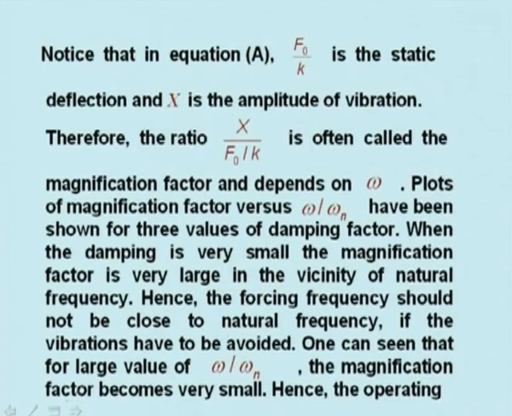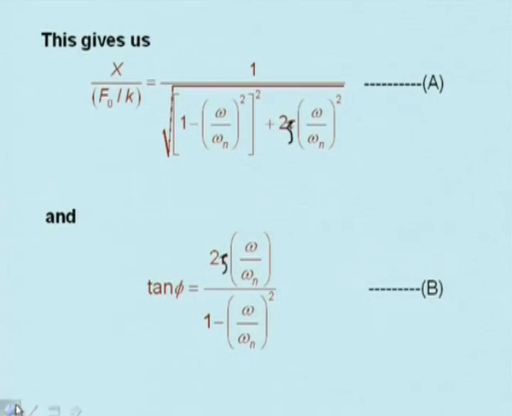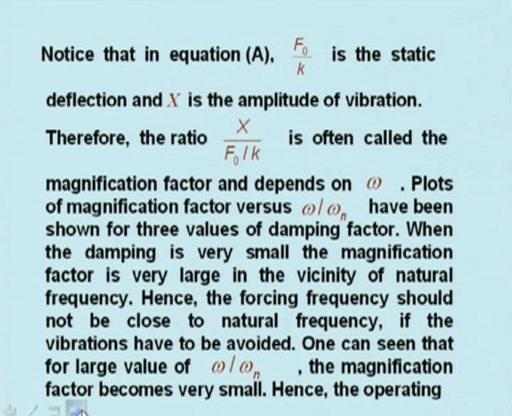now notice that in this equation, F0 by k is the static deflection and x is the amplitude of vibration. The amplitude of vibration depends naturally on the frequency ratio, that means omega by omega n, where omega n is the natural frequency.